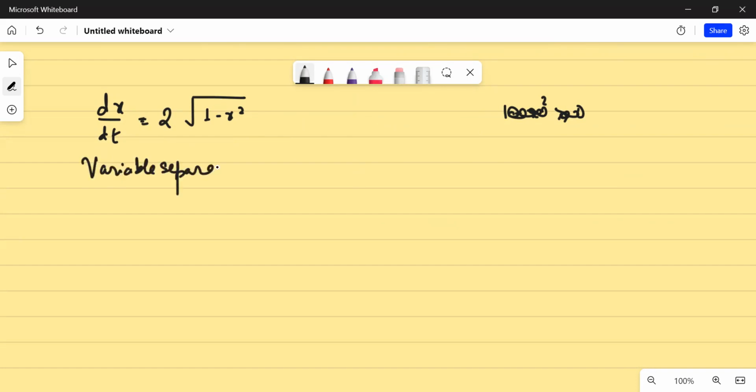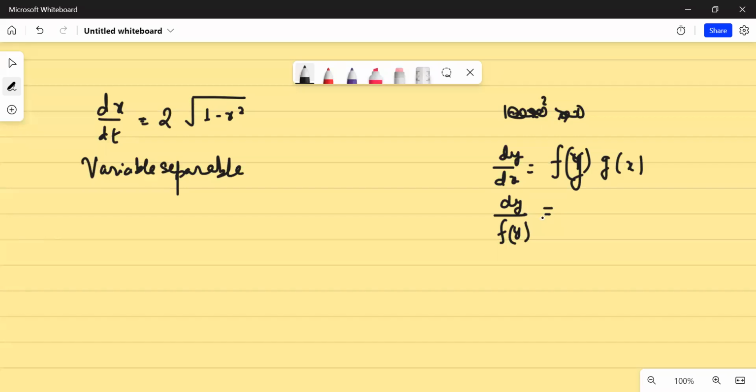If your function of dy by dx on the right hand side can be expressed completely as a function of y times a function of x, we prefer placing the differential dy along with the function of y, and dx along with the function g of x, and we integrate in order to find the solution. These differential equations are called variable separable differential equations, isn't it? This is something that you know.